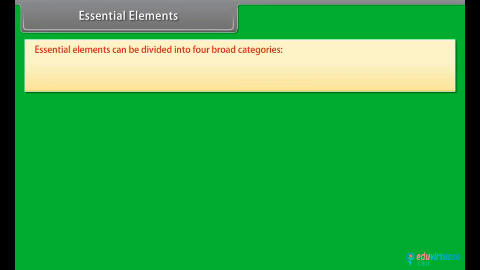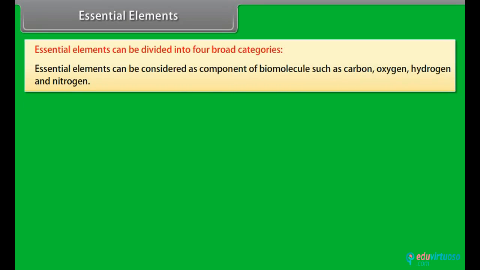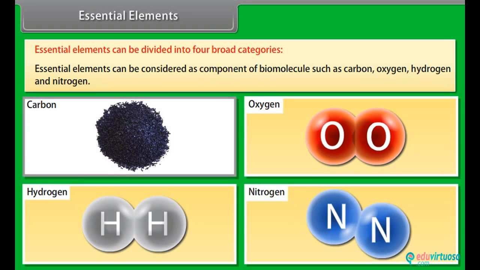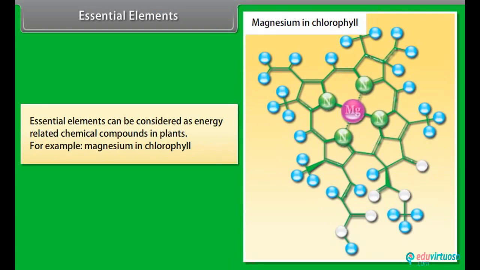Essential elements can be divided into four broad categories. Essential elements can be considered as components of biomolecules, such as carbon, oxygen, hydrogen and nitrogen. Essential elements can be considered as energy-related chemical compounds in plants, for example, magnesium in chlorophyll.